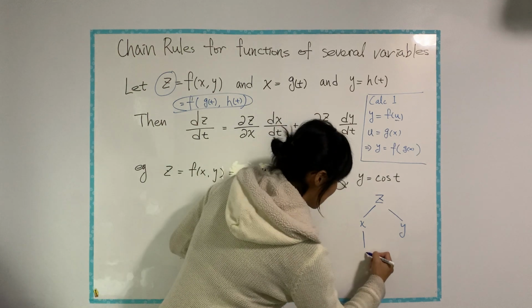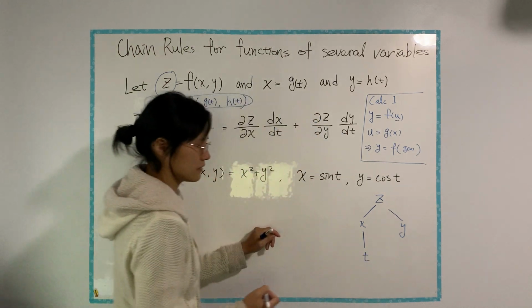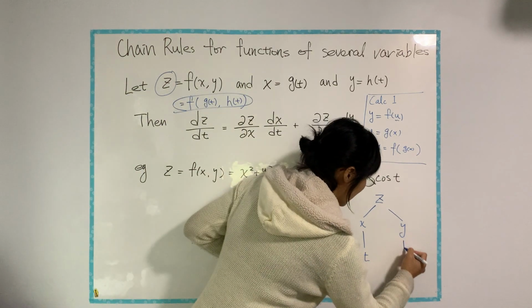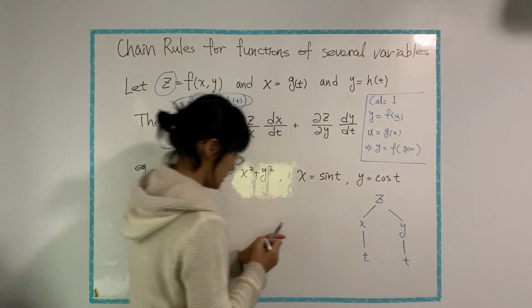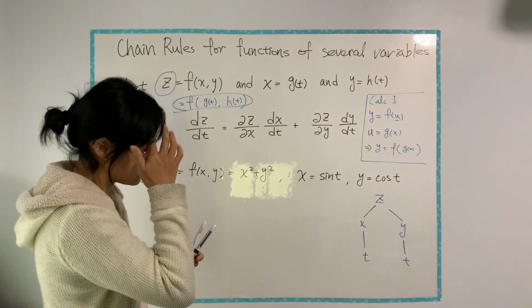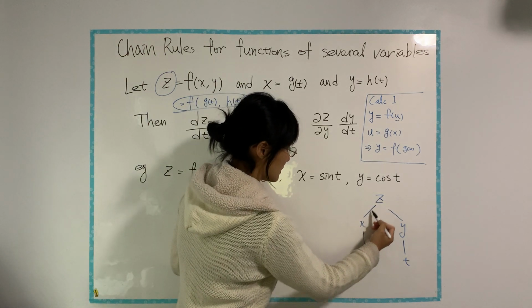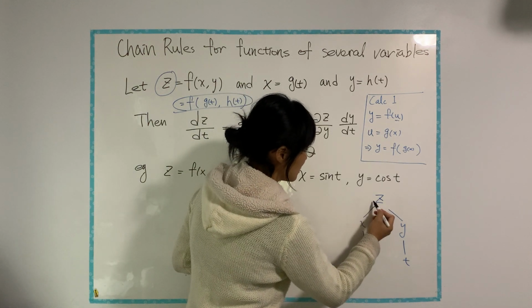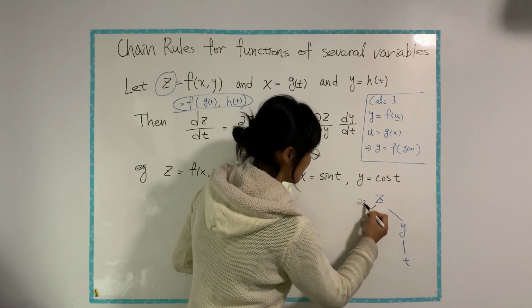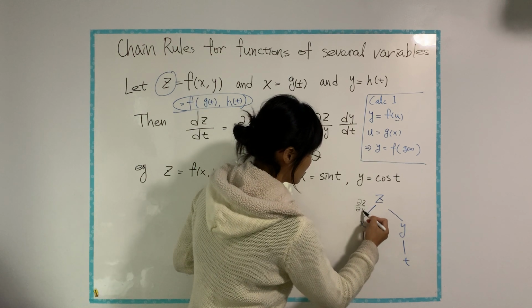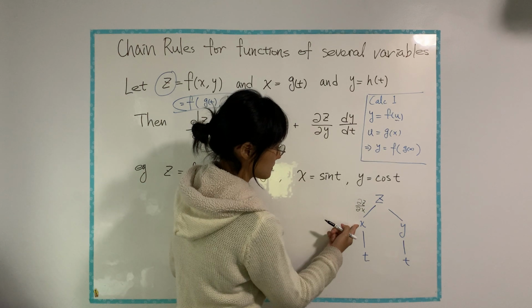Now, x is another function of t. Y is also a function of t. So what you do is, when you see this stick, it means you differentiate z with respect to this variable.